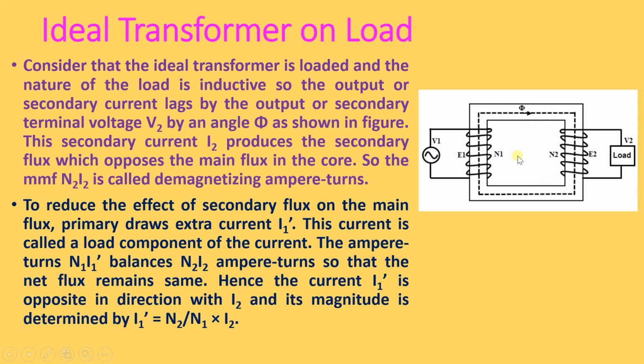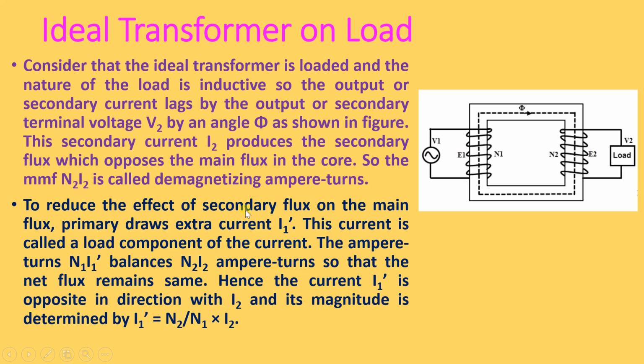But to deactivate this flow of the flux, an MMF, magnetomotive force N2 I2, is produced on this side, which demagnetizes the effect to oppose the main flux. So we need this N2 I2, that is called demagnetizing ampere turns.